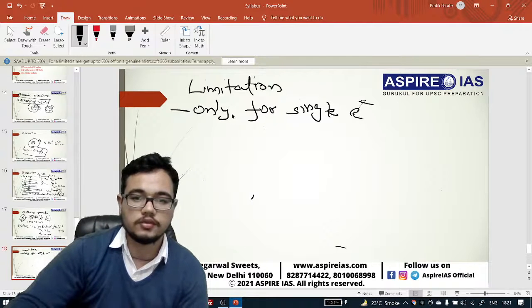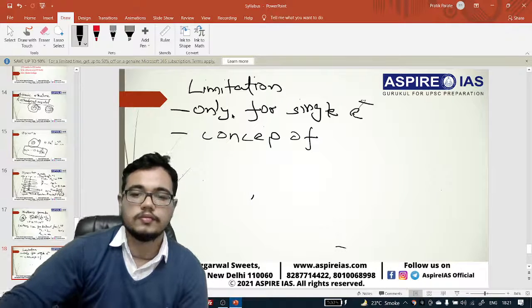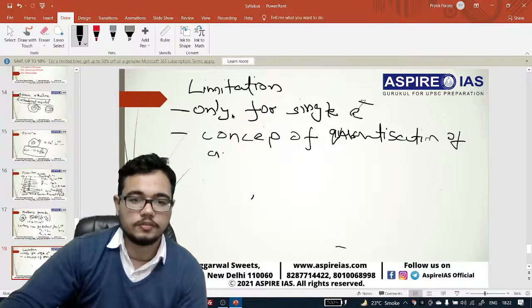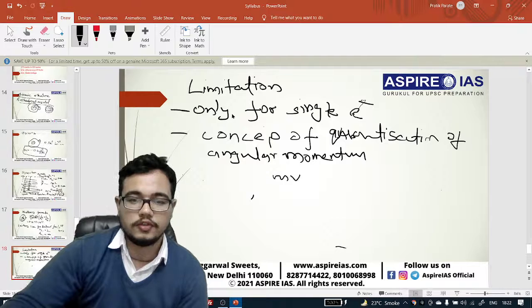Additionally, he gave the concept of quantization of angular momentum, that is mvr is equal to nh over 2 pi.